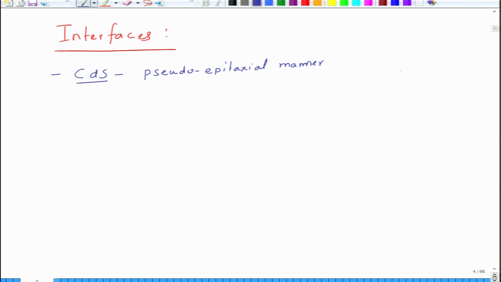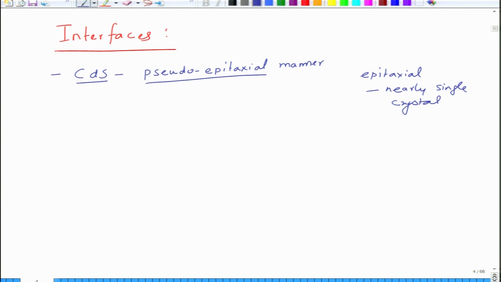Epitaxial would mean nearly single crystal films, which means all the regions in the film will be at the same orientation. Pseudo epitaxial will be close to being epitaxial, but not quite there. It is somewhere between polycrystalline and single crystal films, sort of textured films.